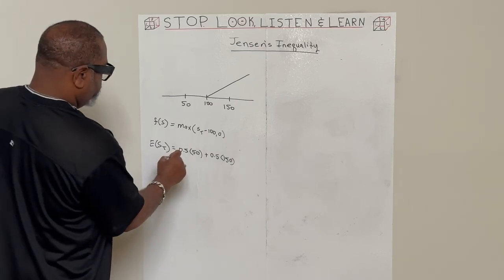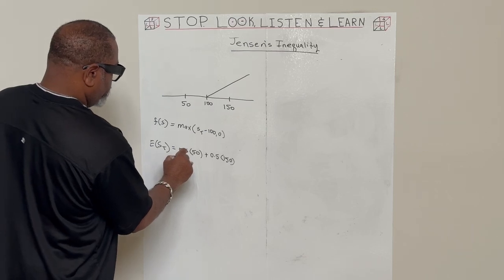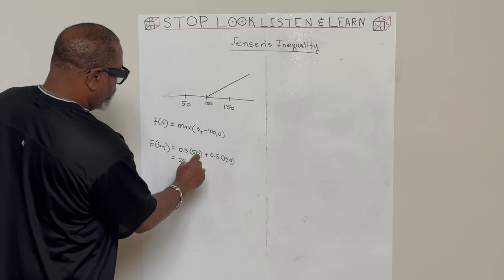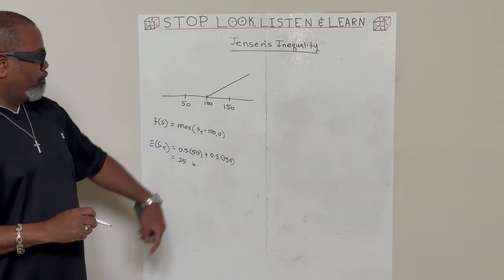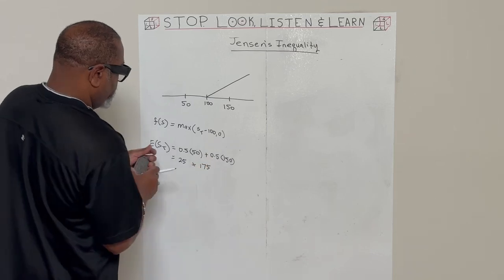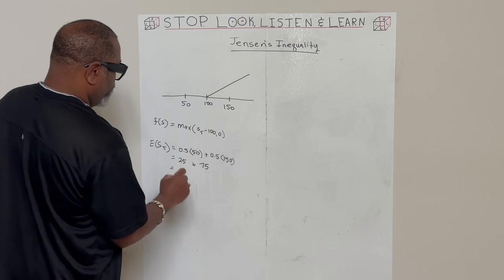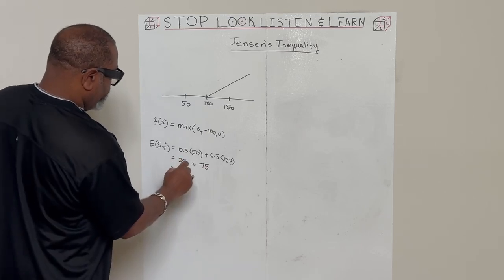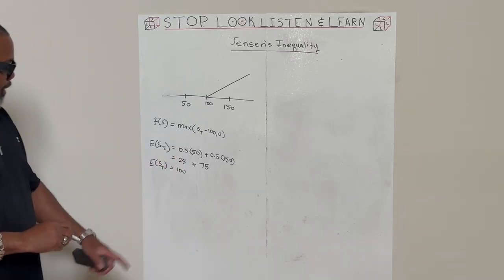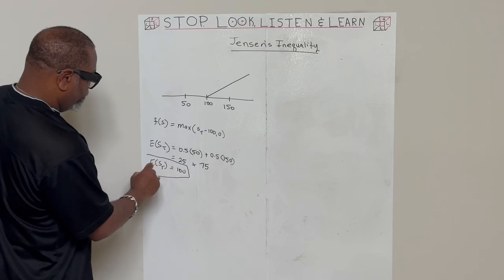So that's going to be equal to 0.5 of 50 is, what is that, 25, and 0.5 of 150 is 75, and so that gives us an expected value of 100. That's the expected price of the stock 1 year from now, right? So let's box this, okay?